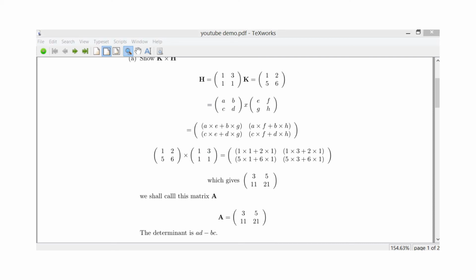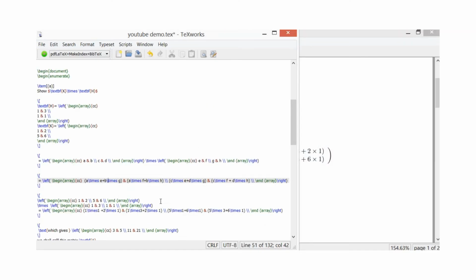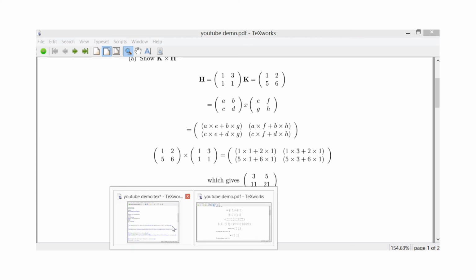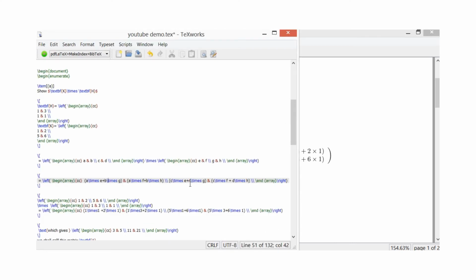This is the one with the formula A times E plus B times G ampersand A times F plus B times H. And then I went for a new line, and the next line C times E plus D times G ampersand C times F, which is here, plus D times H, end matrices. That's this one here. So that'd be our bottom line there. Just highlight so you can see what that is.